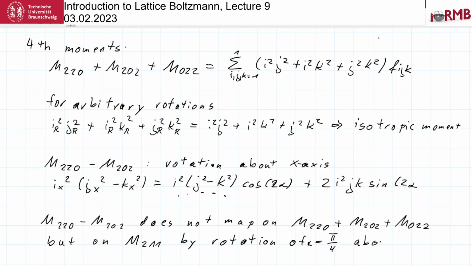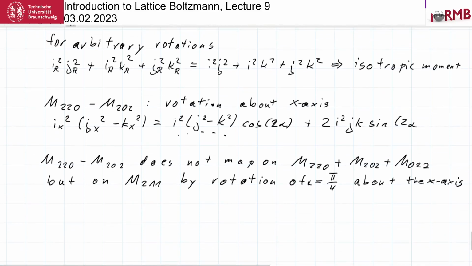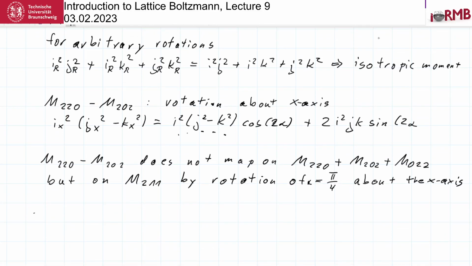And because the lattice does not map onto itself by that rotation around the x-axis, it can still get a different relaxation rate here. So what we have then is here 3 independent rates.